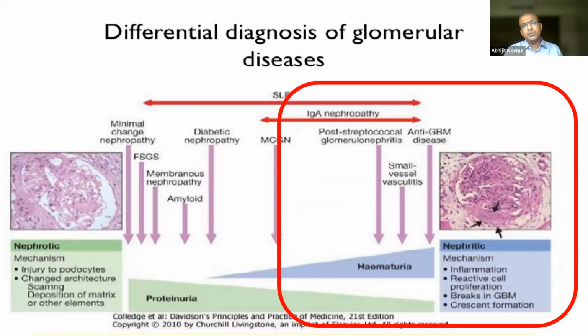There are two diseases which extend throughout the spectrum. One is lupus nephritis, which can extend anywhere from minimal change disease to anti-GBM disease. The second is IgA nephropathy, which typically involves hematuria rather than proteinuria, but can also have proteinuria.